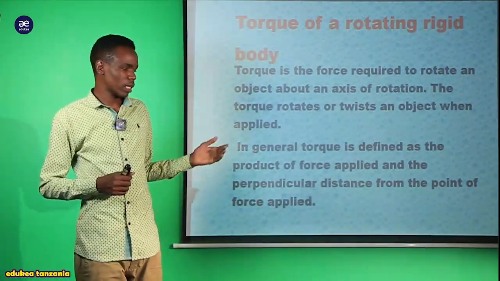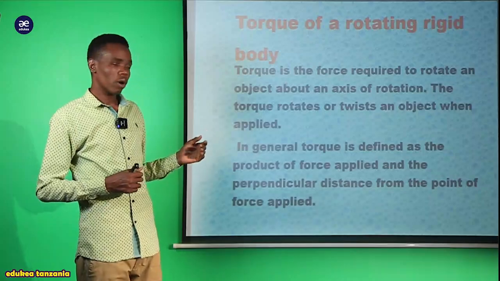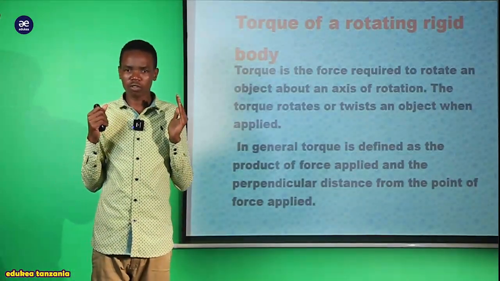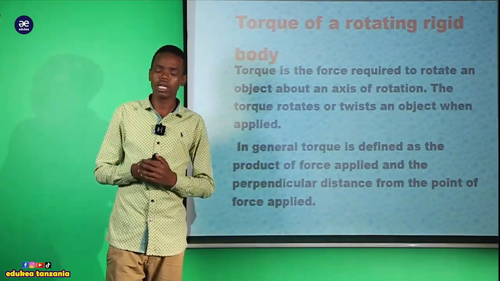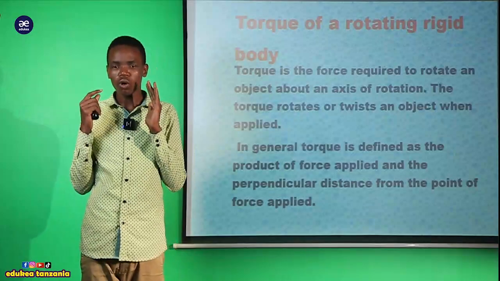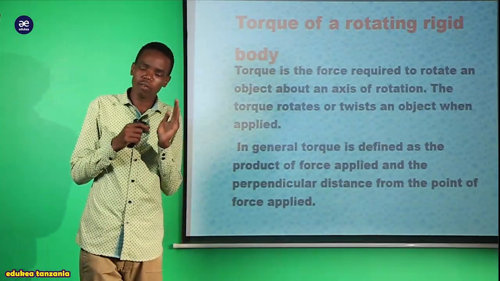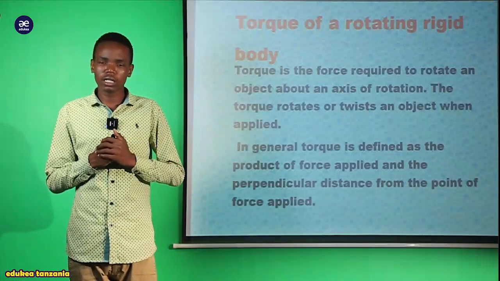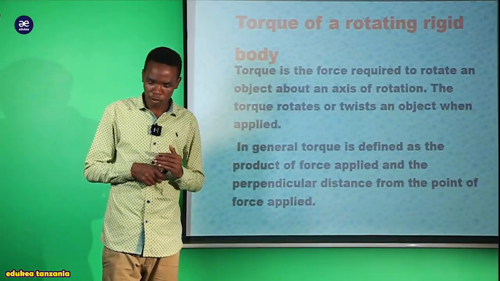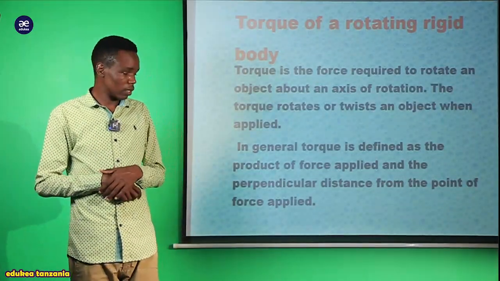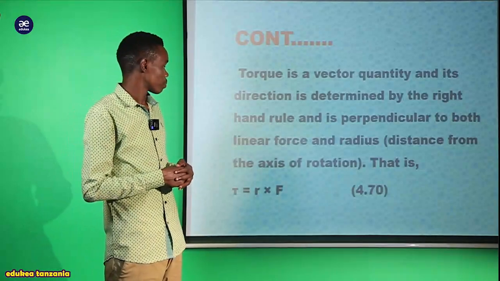This is why we talk about the torque. So generally, don't complicate it more: torque is the product of the force and the perpendicular distance from the axis of rotation. That is the definition of the torque.